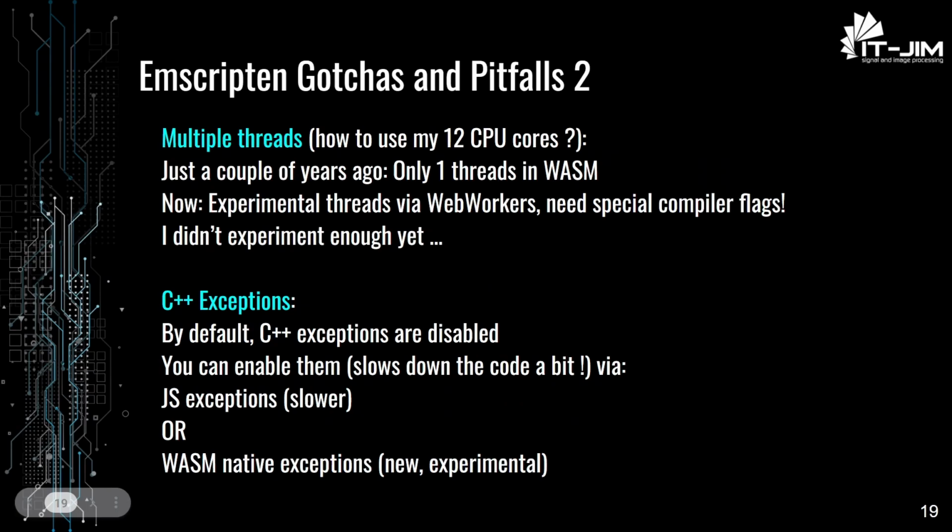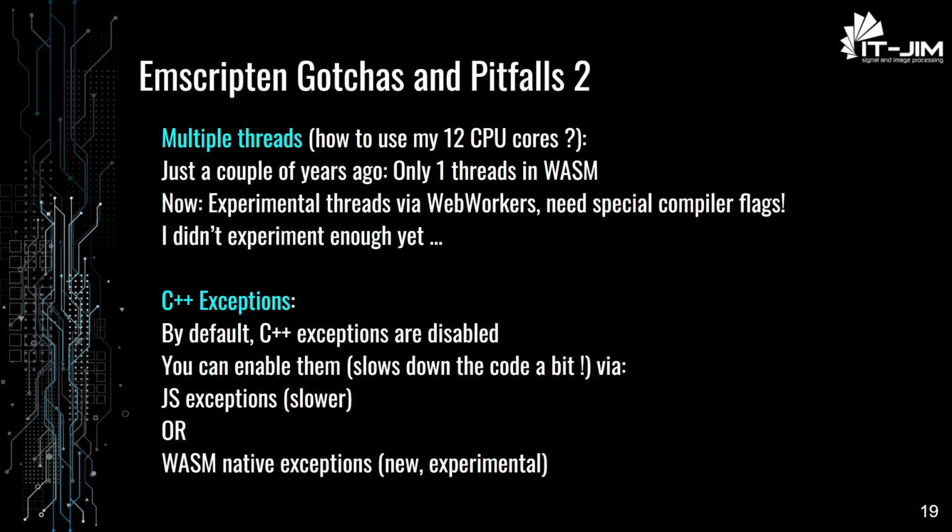More gotchas and pitfalls of Emscripten. As you might have heard, the web browser has a problem with multiple threads. While your CPU nowadays typically has 8 or 12 or so logical cores, just a couple of years ago WASM supported only one thread. Nowadays, there are experimental threads via WebGL. You need special compiler flags. I didn't experiment here, but things are slowly getting better.